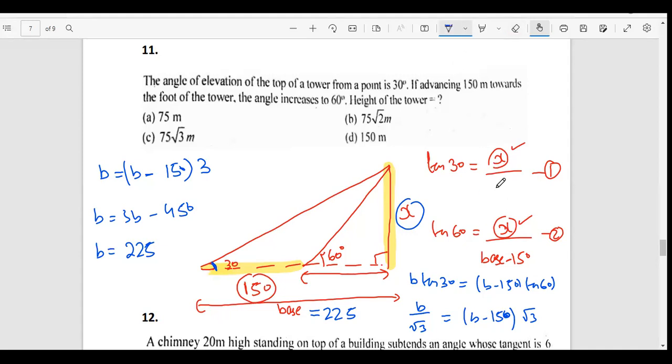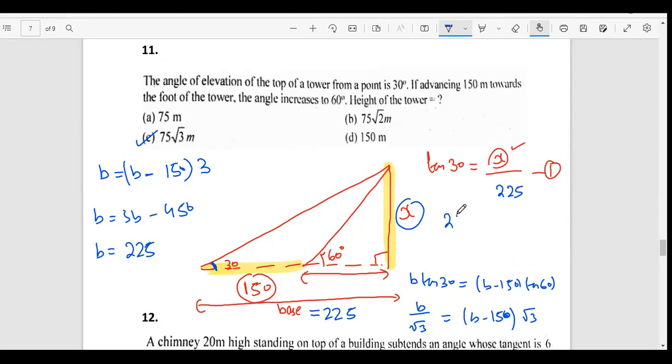This is going to be 225 now, and you can multiply it with tan 30, so it would give you 75 root 3. मैं बता देती हूँ 75 root 3 कैसे आए. That is the last thing because it is important. Now we know that tan 30 is 1 by root 3.